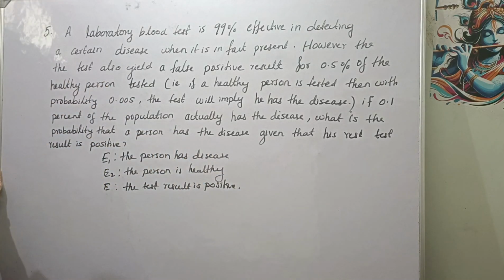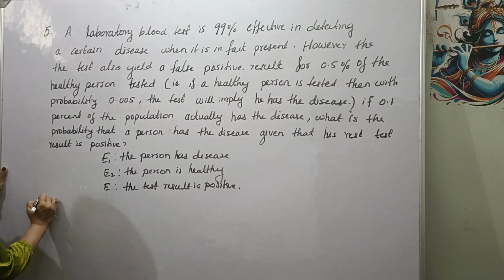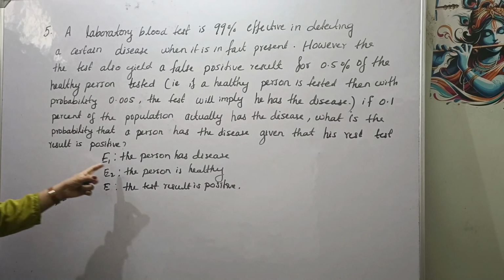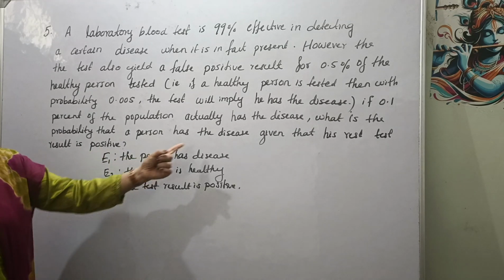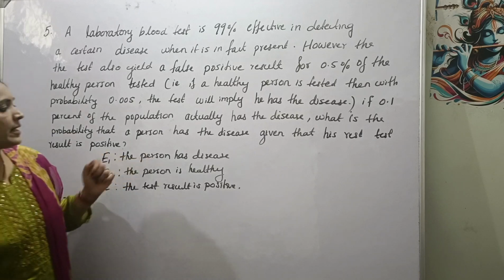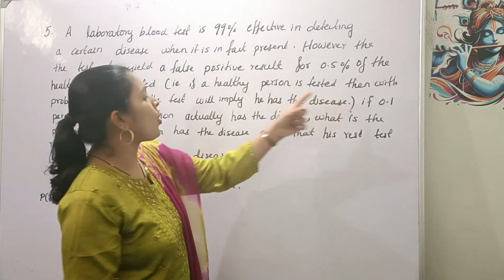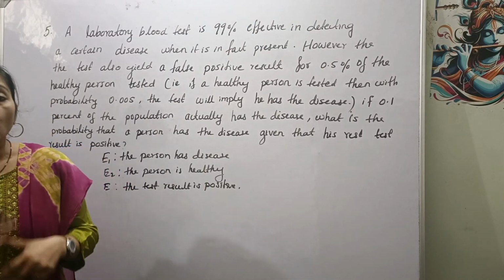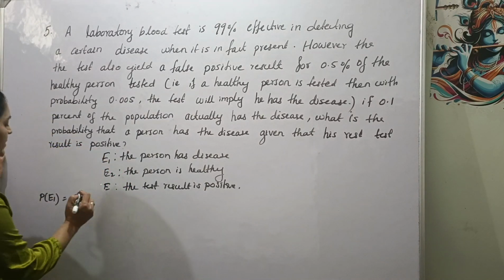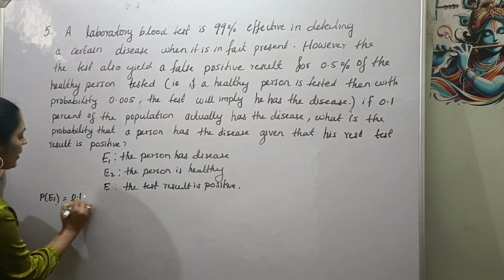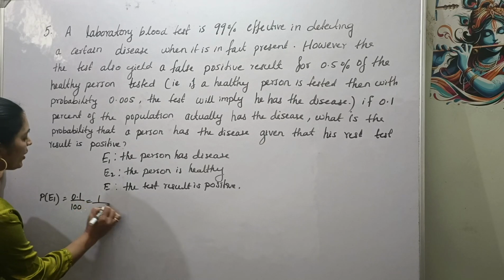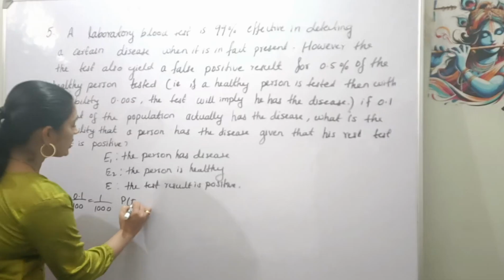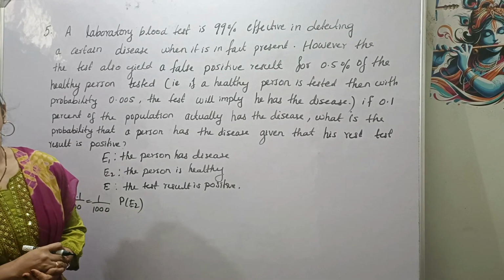Now, what is the probability of E1, that the person has the disease? Here it is given that 0.1% of the population actually has the disease. So the probability is 0.1 divided by 100, that is 1 by 1000. What is the probability of E2, that is, the probability of healthy persons?